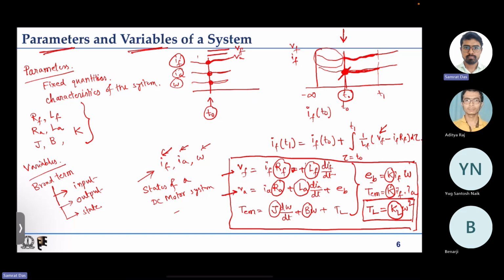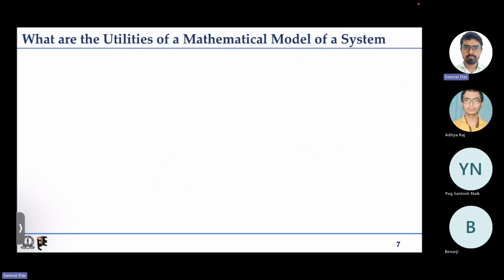So in a nutshell, how can we describe the mathematical model in a broad sense? It is the interrelation between these quantities: the input, state, parameters, and future state and output.